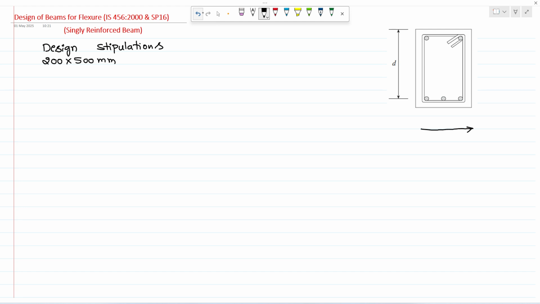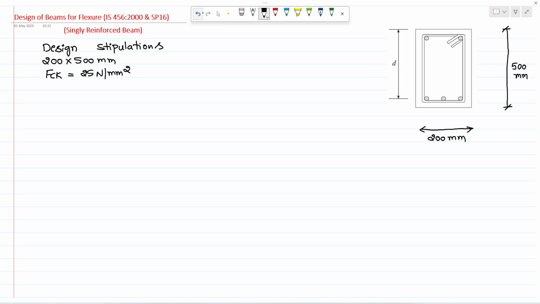Here the width of the beam is 200 millimeter, overall depth is 500 millimeter, and grade of concrete fck is 25 Newton per mm square.